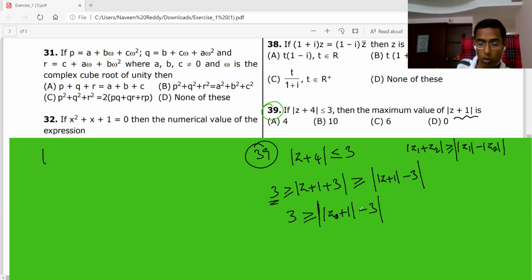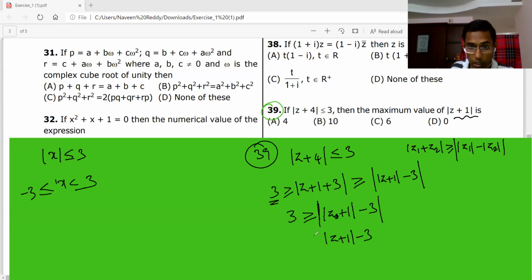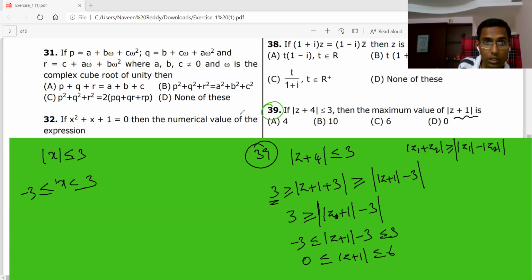Now you know, whenever we put mod, this is a real number. |x| less than or equal to 3 means x lies between -3 and 3. So therefore |Z + 1| - 3 lies between -3 and 3. Now if you add 3, 0 is less than or equal to |Z + 1|, which is less than or equal to 6.